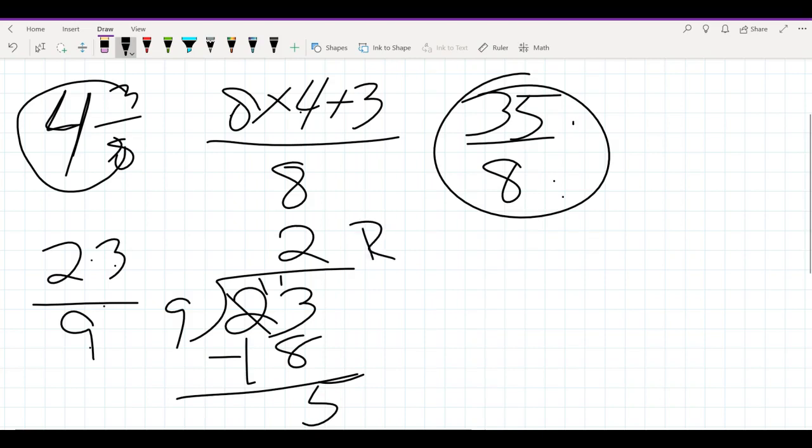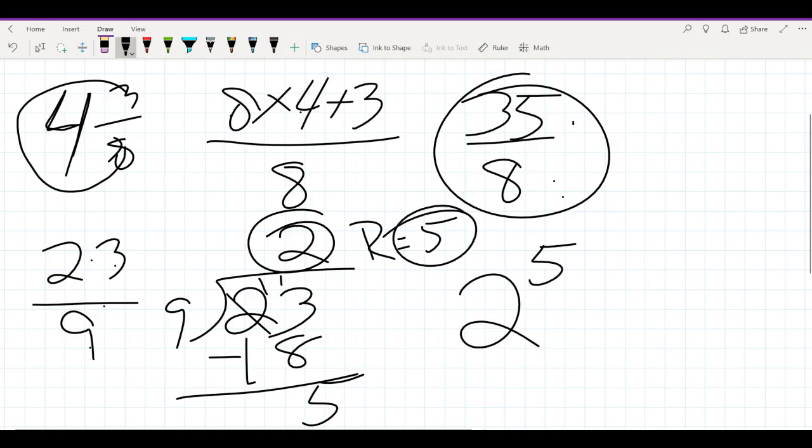That remainder is your numerator of the fractional portion. So the whole number is 2. The remainder becomes your numerator, and the denominator is the same as the denominator you started with, 9. So 23/9 is the same as 2 5/9.